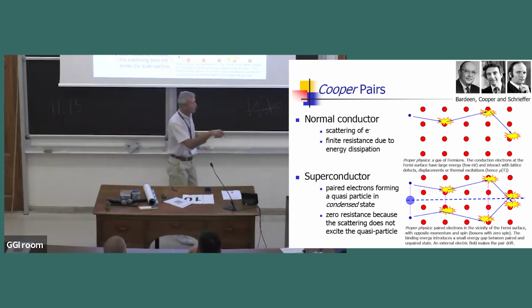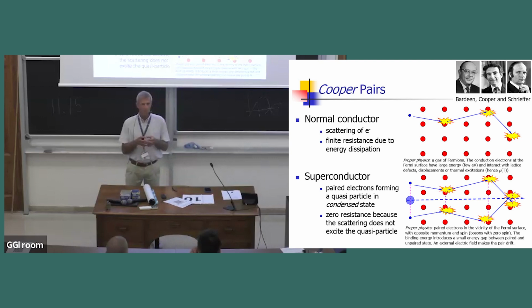So this free movement appears as zero resistance. And it appears if there's not enough energy to break the pairing. That's a very important concept. So there's a gap between unpaired and paired, and this gap means that if you're in the paired, condensed state, then you do not have resistance. If you break it, then you do have resistance.